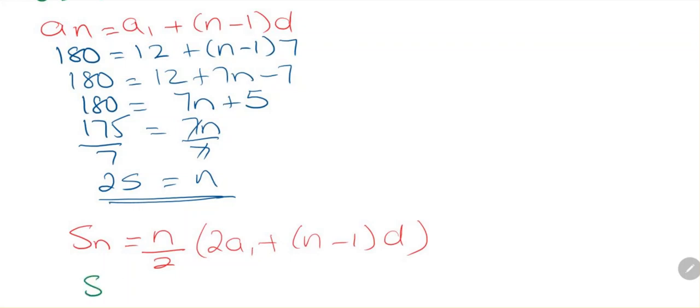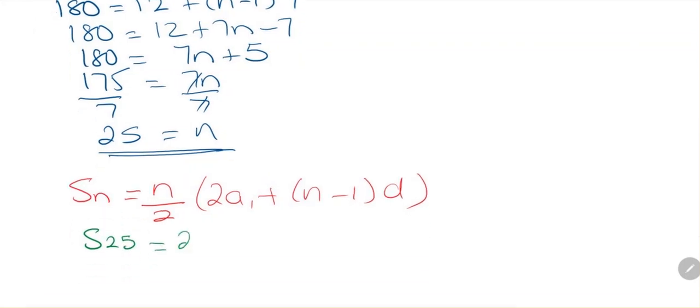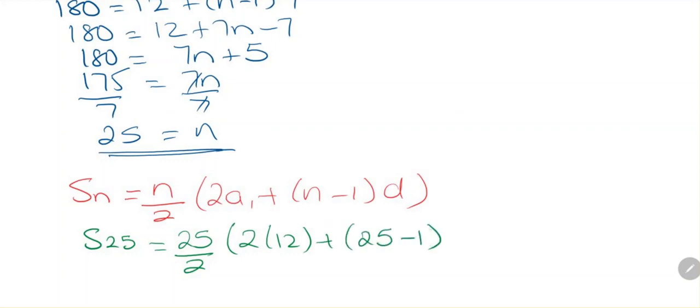We know n is 25, so this is S25, and it's 25 divided by 2, times 2 times 12, plus 25 minus 1, and the common difference is 7, so we're multiplying by 7.